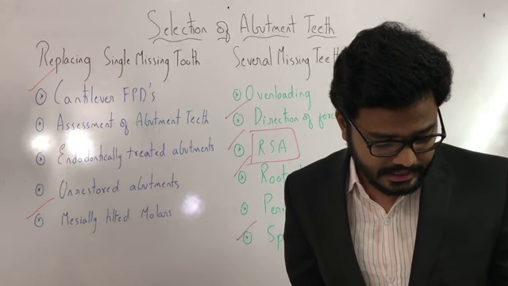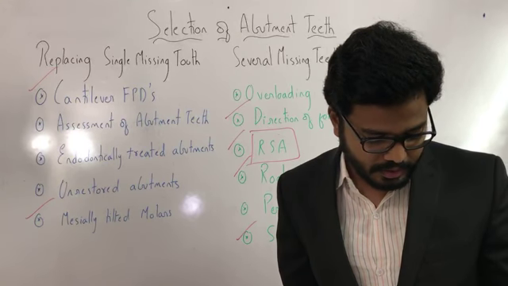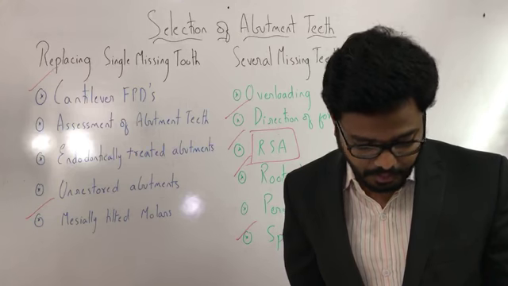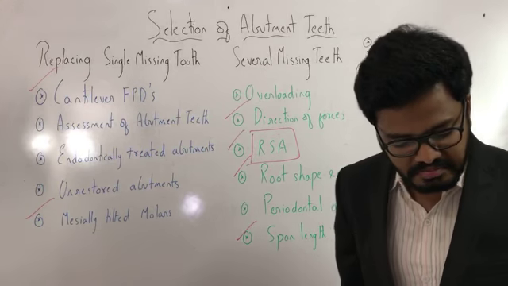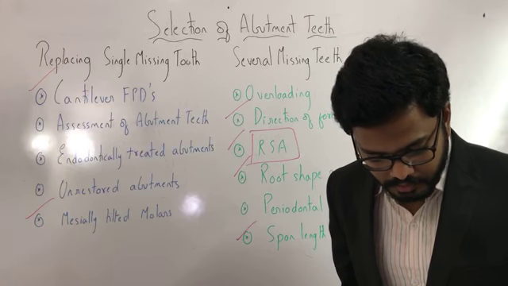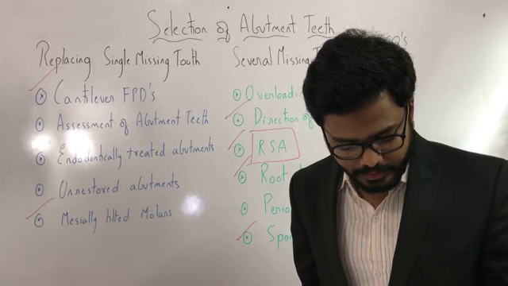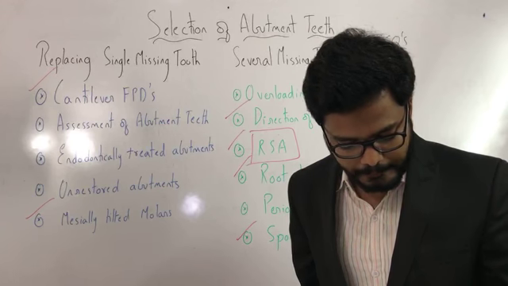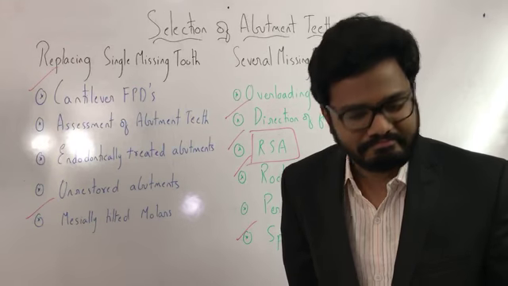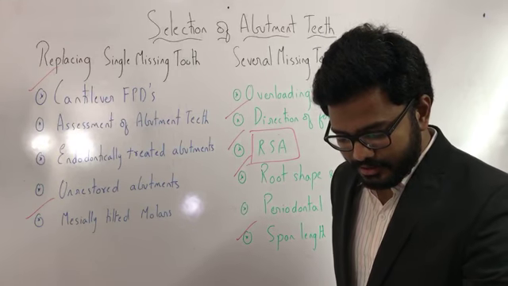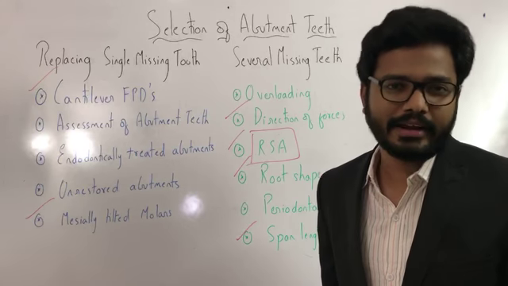A mesially tilted second molar depends upon the angulation of tilt, the status of adjacent teeth and opposing teeth. So mandibular molars with converging roots. If you ask me to choose among these three, it's difficult. I mean, each one is so complex that we can't have a comparison, in my opinion, frankly speaking.